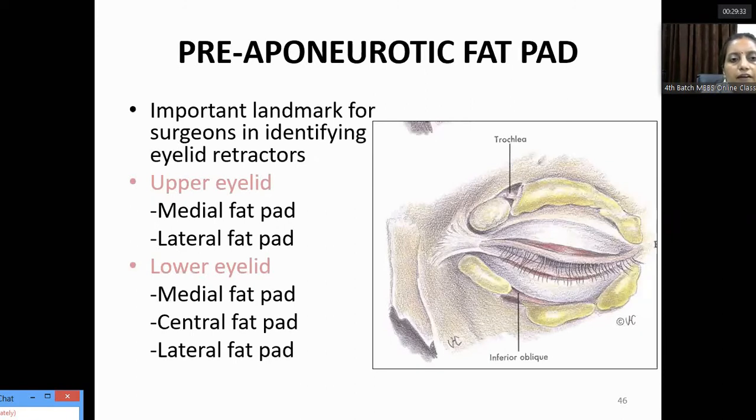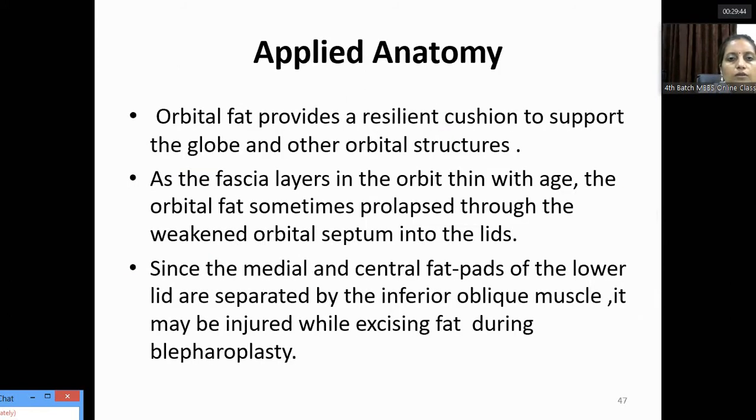Pre-aponeurotic fat is an important landmark for surgeons for identifying the eyelid retractors. So orbital fat maintains a cushion-like effect to support the globe and other orbital structures.